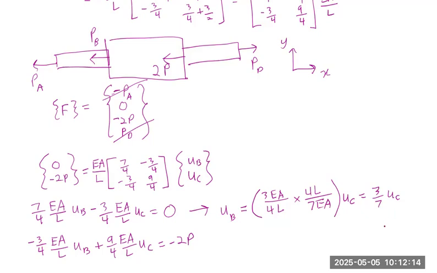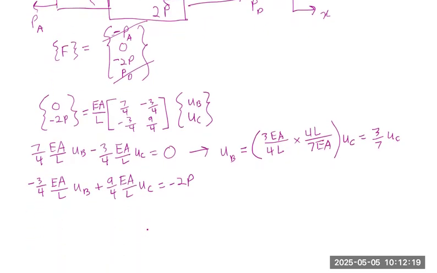And from the second equation, we can plug in 3 over 7 UC for UB to get negative 9EA over 28L UC plus 9 over 4 EA over L times UC is equal to negative 2P.